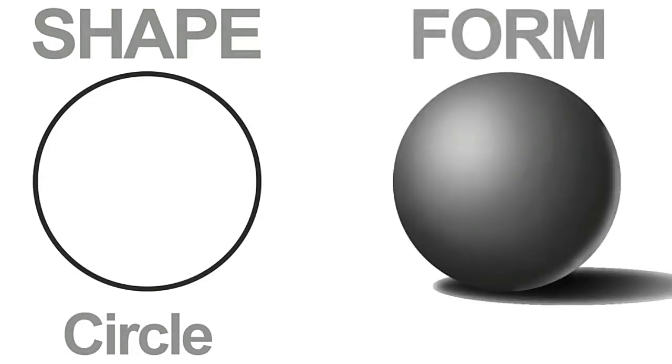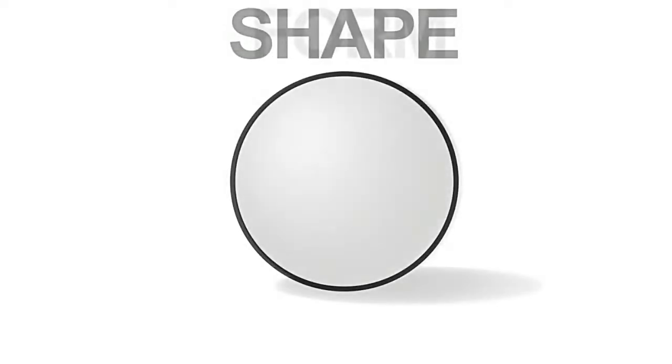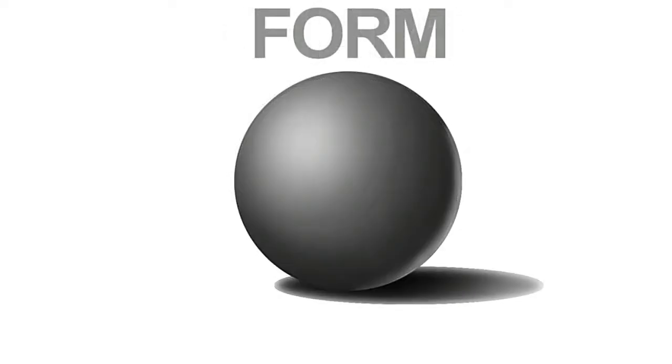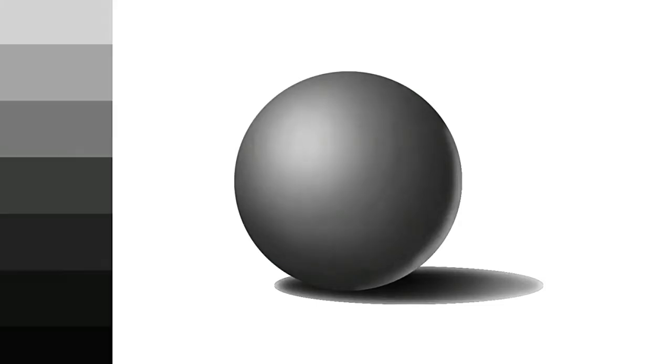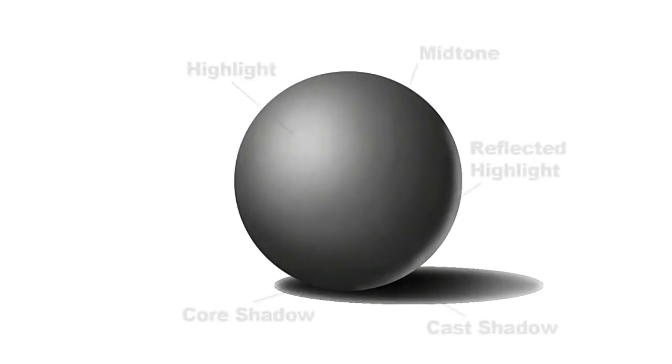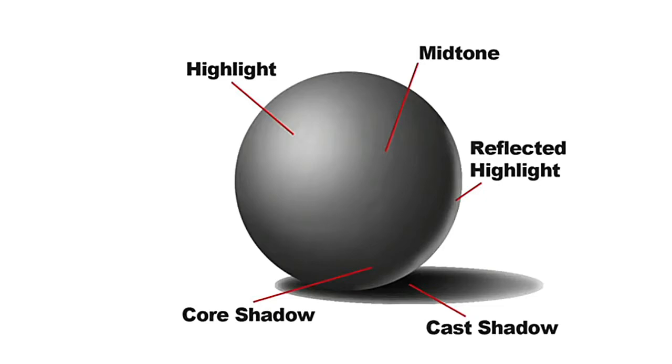Okay, at ito ang aking example ng mga drawings on how to put shade and shadows on basic forms like the sphere that is generated by the circle, the cube which is generated by the square, and the pyramid which is generated by a triangle. Okay, here's the basics.